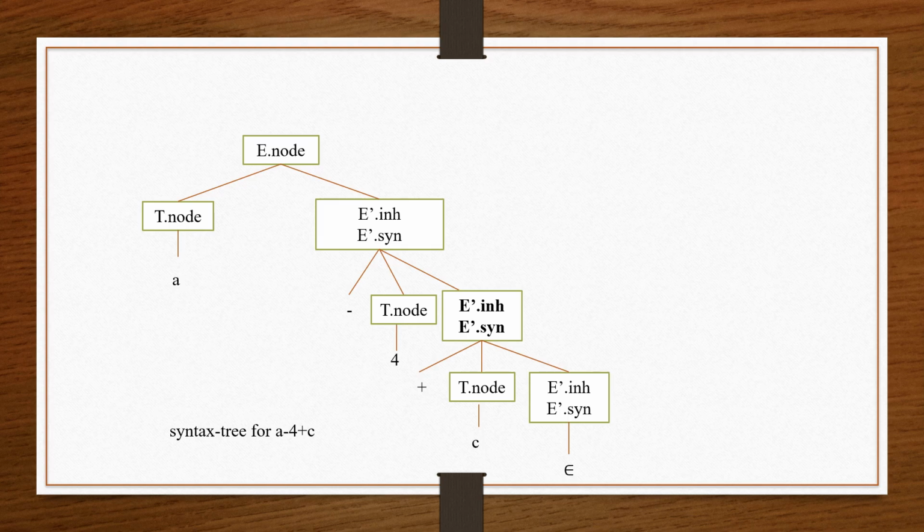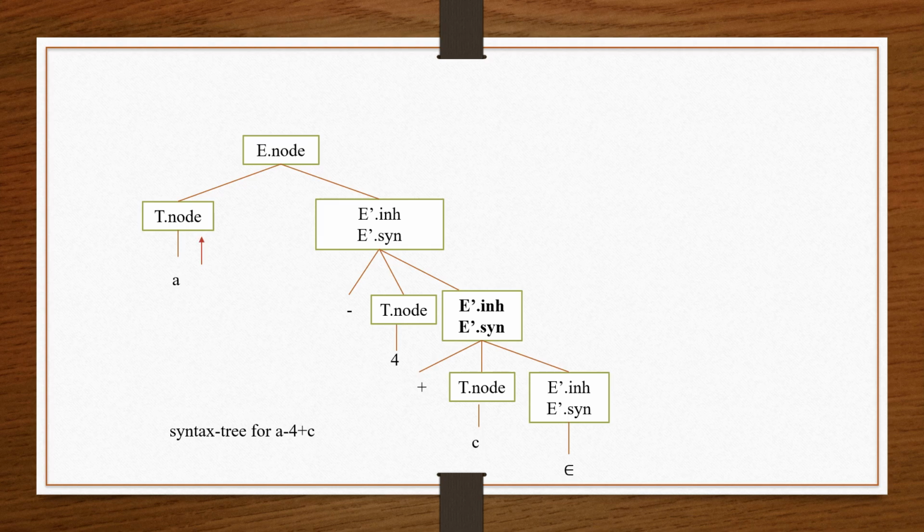Now this value E dash dot synthesized is copied to the E dash synthesized of the top, then that is copied to the parent, because the child value is always passed to the parent in a synthesized attribute. Now finally E dash dot syn is copied to E dot node. Okay, to avoid confusion, let me show the arrow mark. First this is A, right?